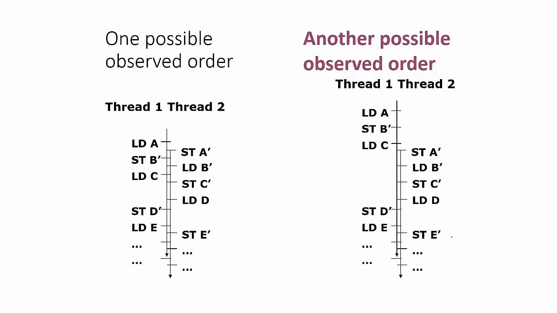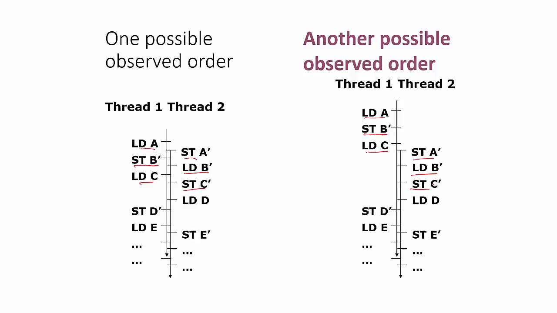This would result in the same execution, because if you look at the ordering between load of A and store of A, this one happens before this one, store B happens before the load here, store B happens before the load C happens before the store here, and that's also the case here. So 2 different orderings might lead to the same result.